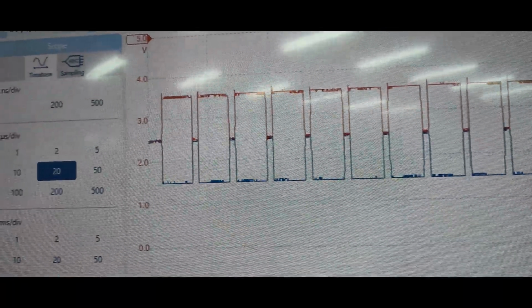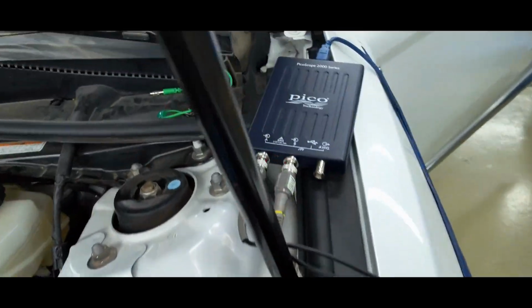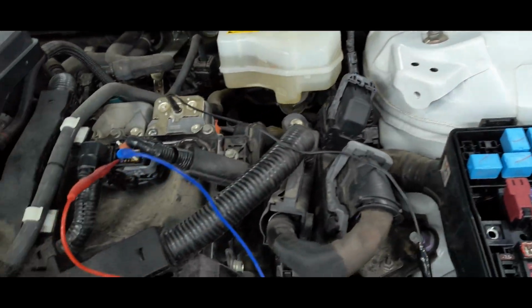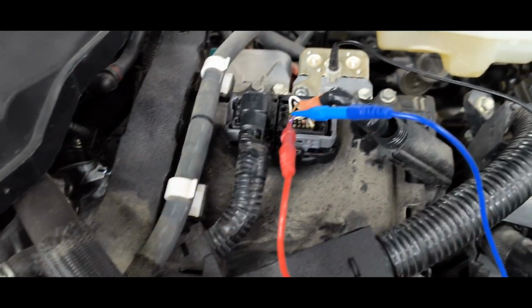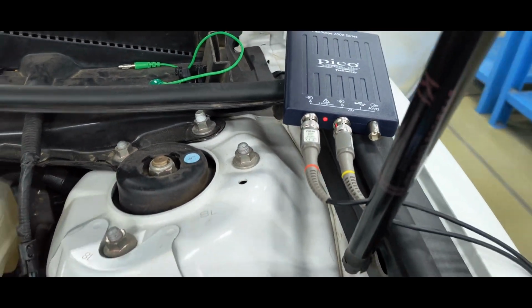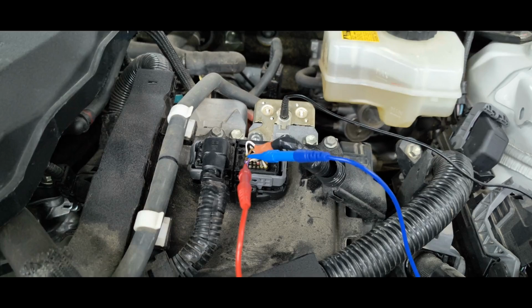Now checking, using the PicoScope, we install channel A and B to our inverter converter.